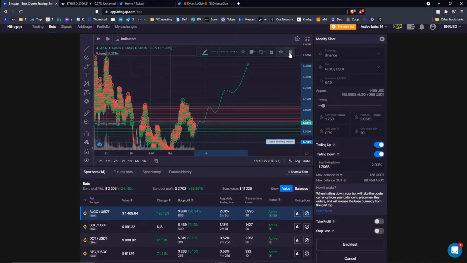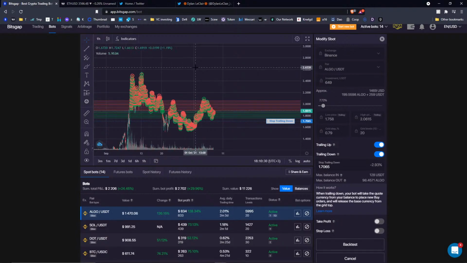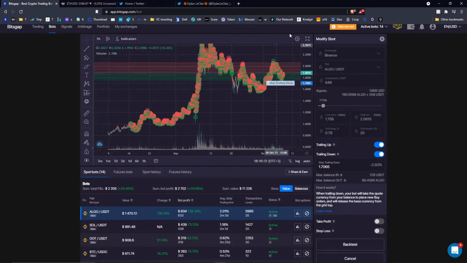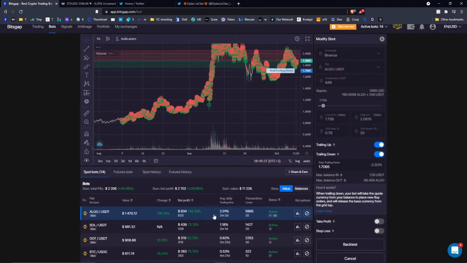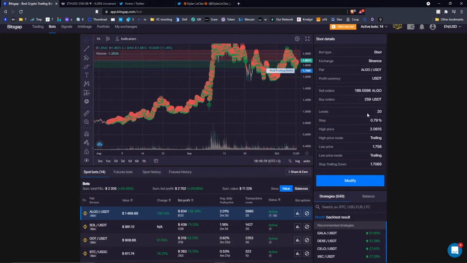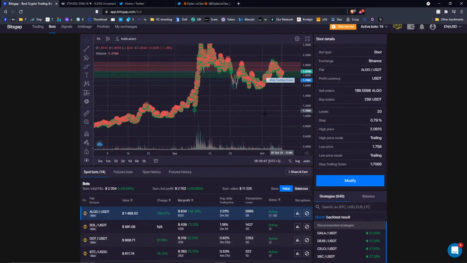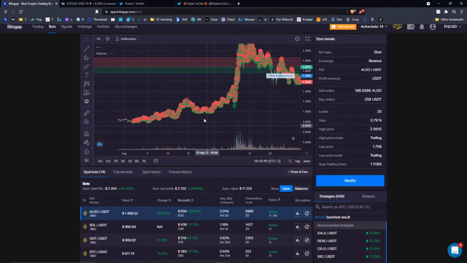So if you zoom out my chart here, let's say ALGO, you would see that initial trading range was set from, actually it's not anymore like that. Yeah, so it was around 0.8 or something up to 0.9.